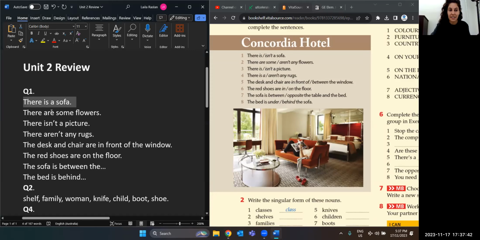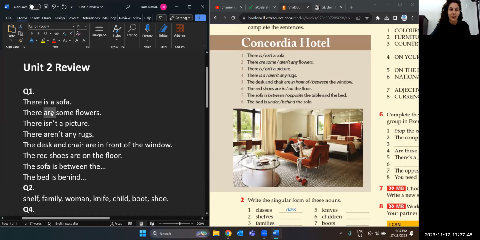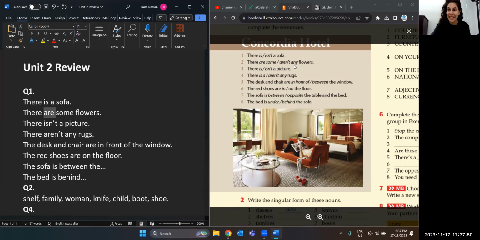So already I know that that's plural, are some flowers. So remember we learned that any is used only in questions or negatives. So I can see that there are some flowers. It's a positive sentence.